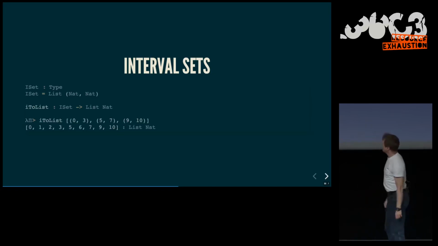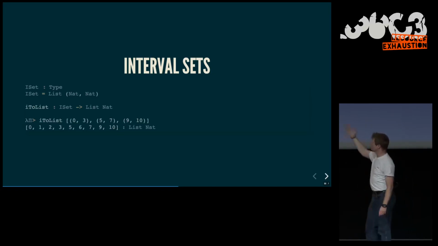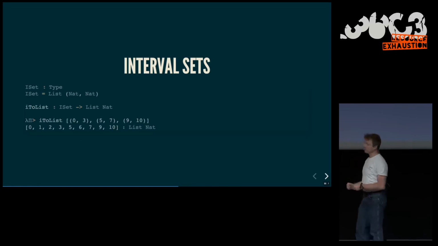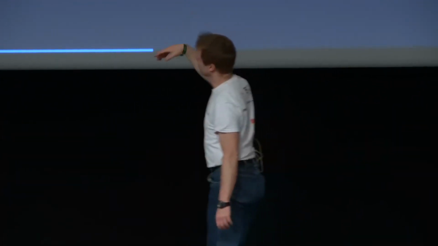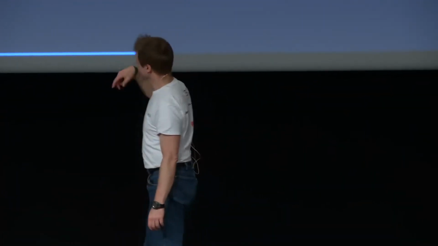Okay? And just to see what that means, there's a function there, I've elided the definition, but what's important about it is its type signature: it takes an interval set, and it produces a list of all of the members of that set. And you can see a demo here that I typed in before the talk.